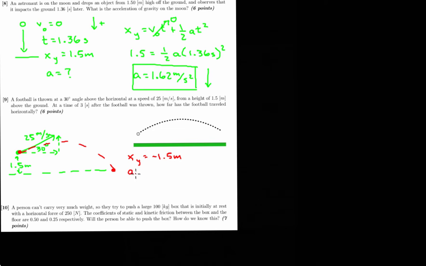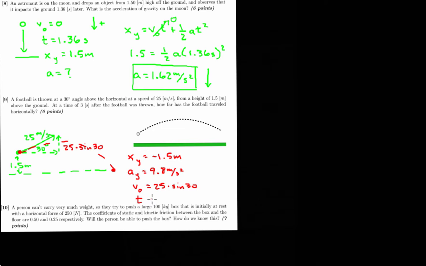Your acceleration in the y direction is 9.8 meters per second squared. The initial velocity in the y direction is equal to 25 times sine of 30, right? This is in the y direction.